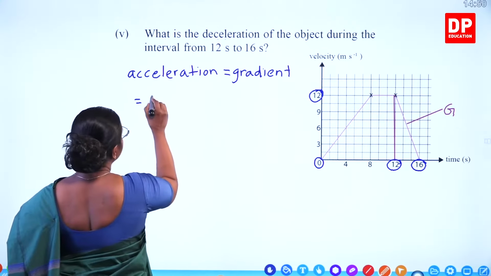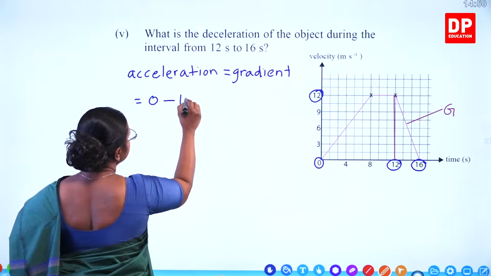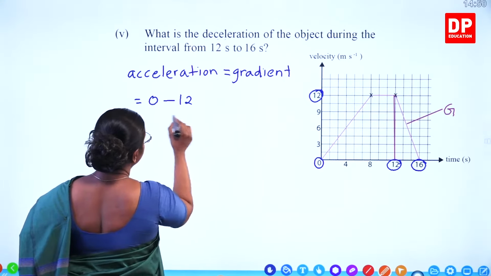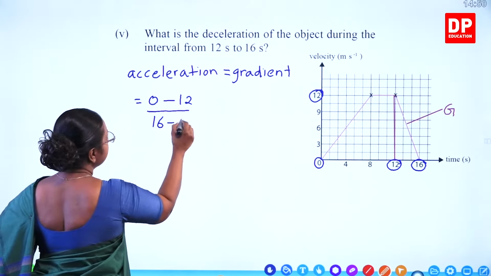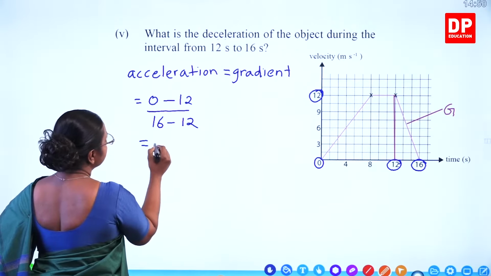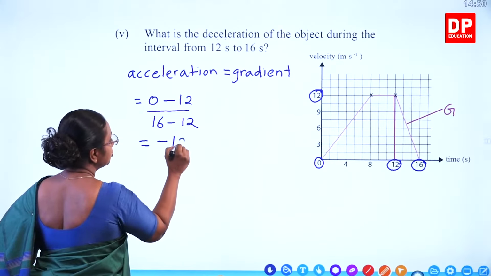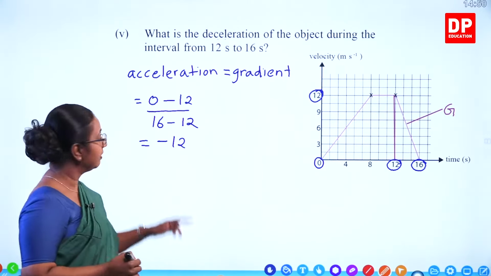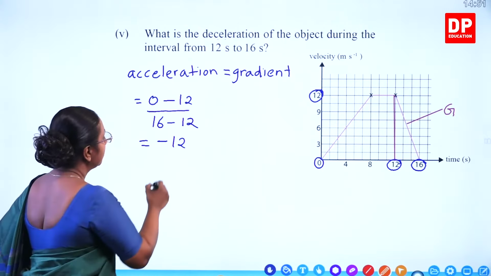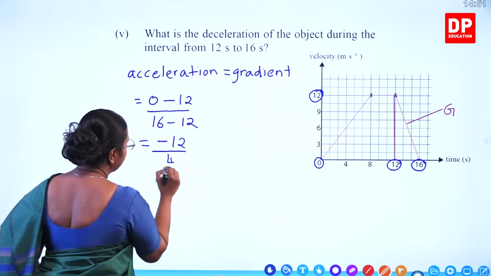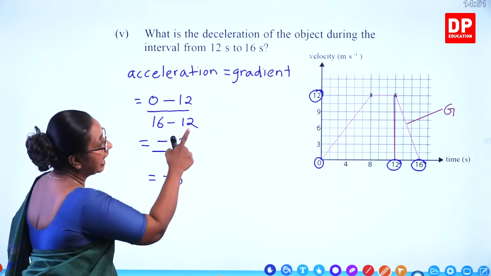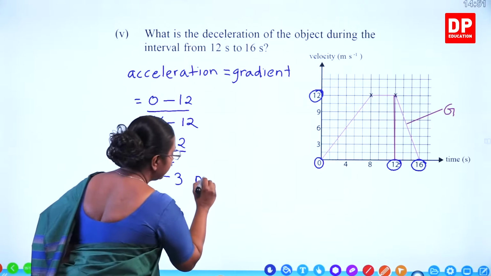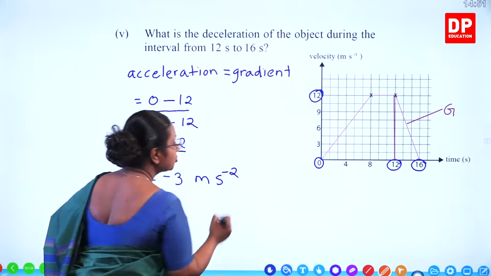So final velocity 0, initial velocity 12, that is the difference in y-axis, and the time 16 minus 12. So this will be 0 minus 12, which gives you a negative value, minus 12 divided by 4, that is equal to minus 3, and the unit will be meters per second square.